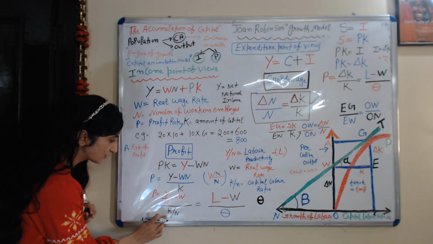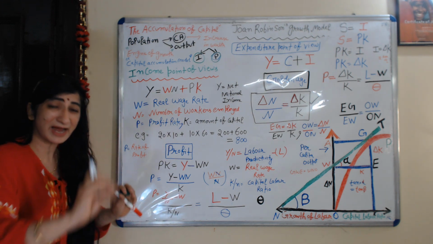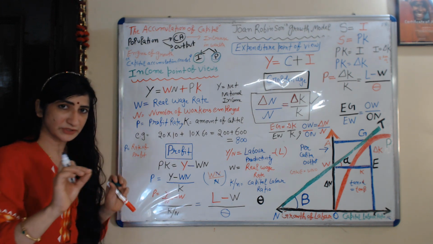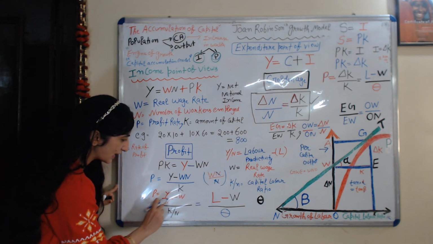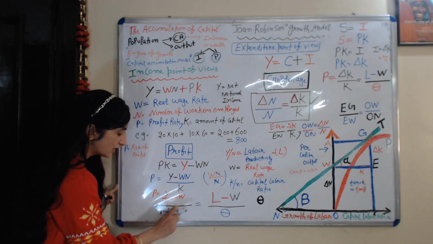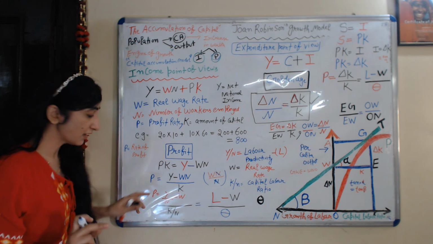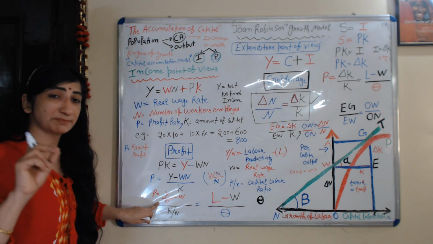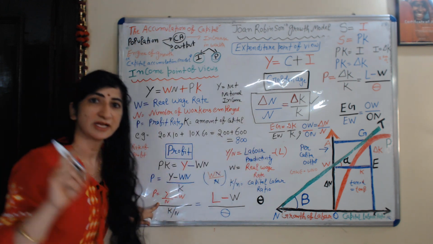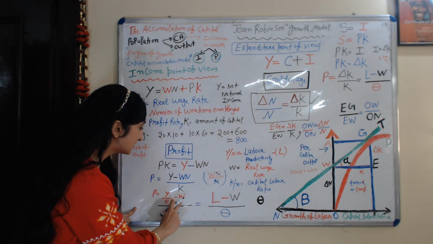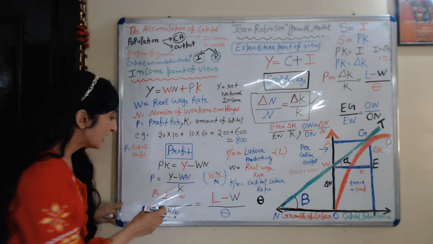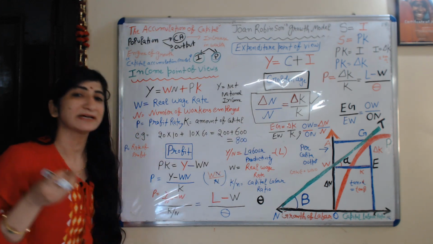And K over N. So when we divide the upper and lower portions, our equation becomes P equals Y over N minus W, divided by K over N. Our Y over N is labor productivity, W is our real wage rate, and K over N is the capital labor ratio.